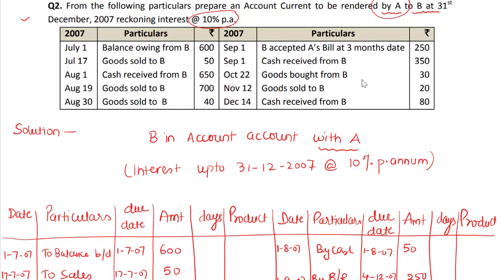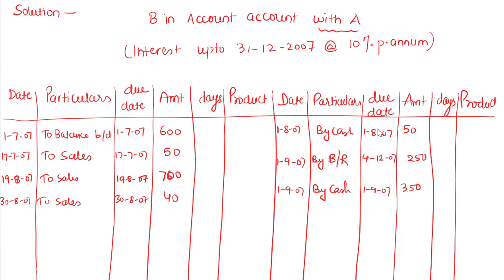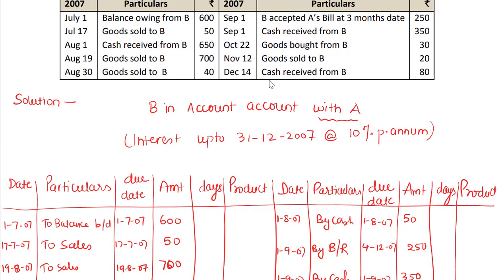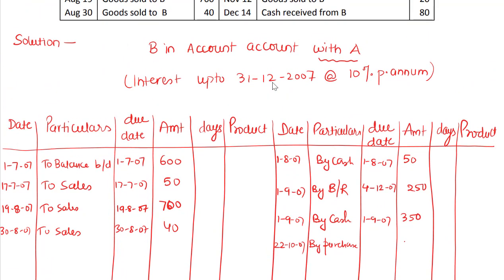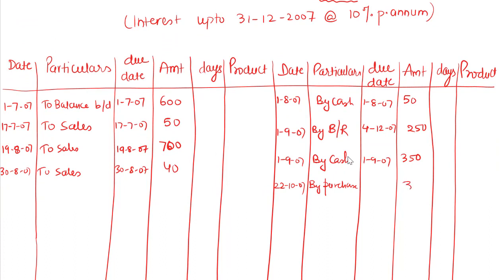Next, goods bought from B. So this is purchases 30. Purchase account debited to B, by purchases. The date is 22/10/07. Amount is 30. Due date is 22nd of October.